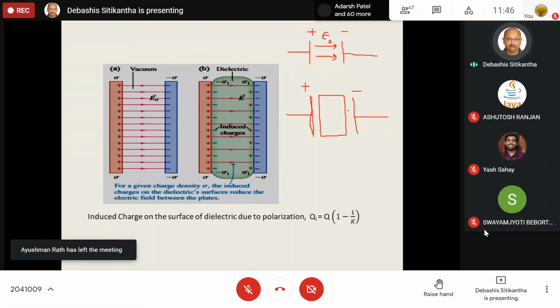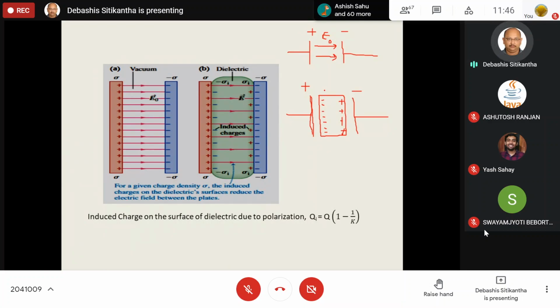We have already learned that when a neutral body comes near a charged body, polarization takes place. That means all the free electrons will try to move to the surface of the neutral body facing the positive charge. Similarly, the positive charges remain here as usual, because the negative charge near these positive charges has been transported to this side.